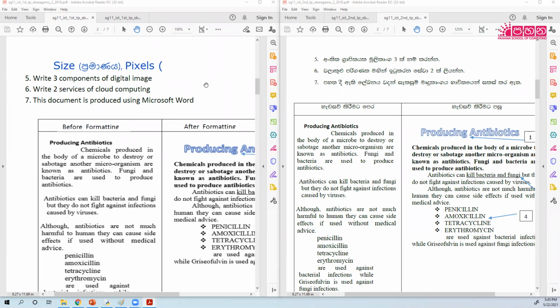We call it pixel. So let me type the key.